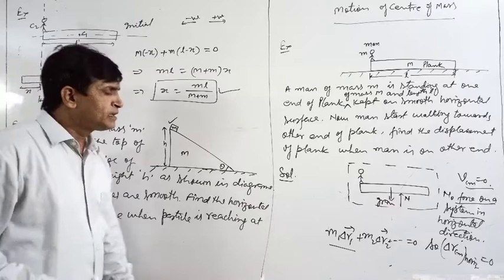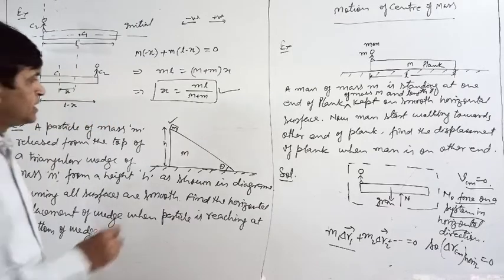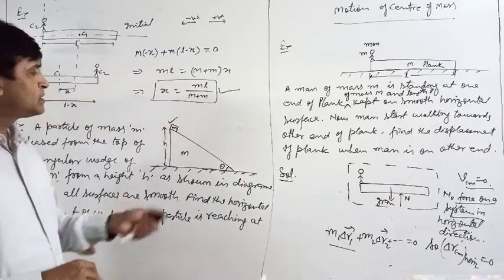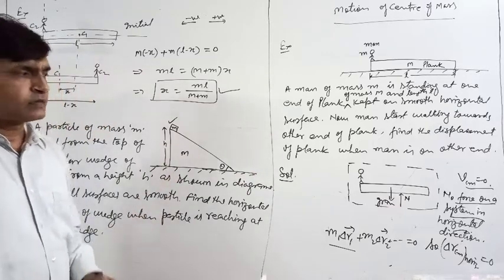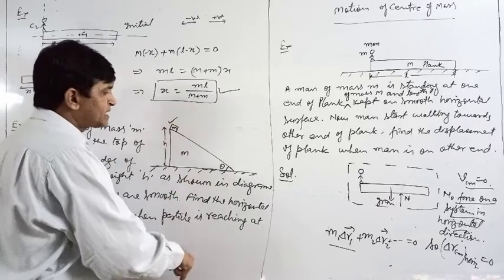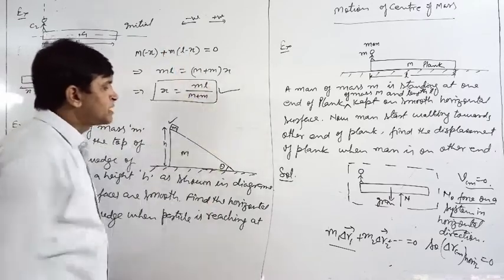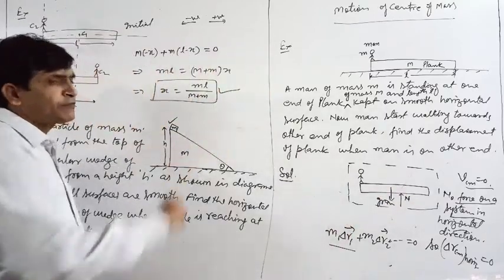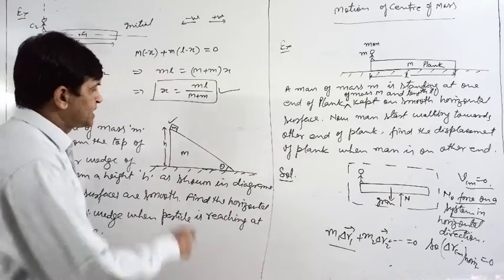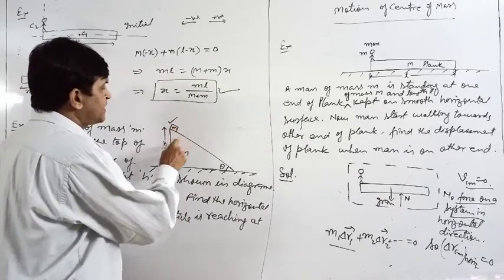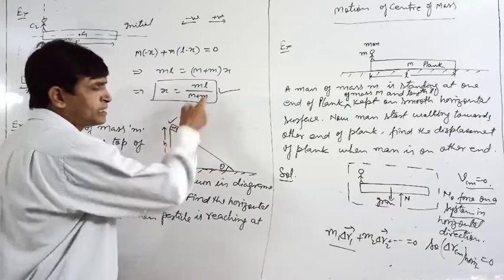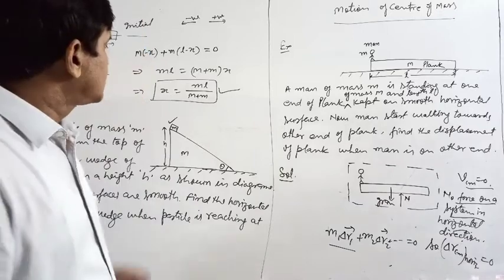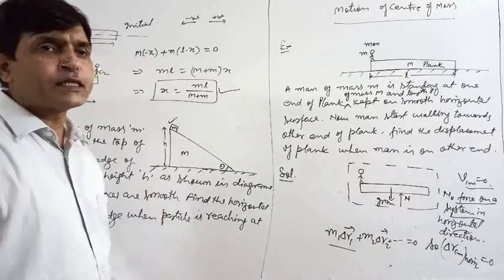If you see the FBD, only vertical forces are there: gravitational force down and normal force upward. No horizontal forces there. Yes, between wedge and block there is a normal force, but the normal force on the wedge as well as on the block are equal and opposite, so they cancel.